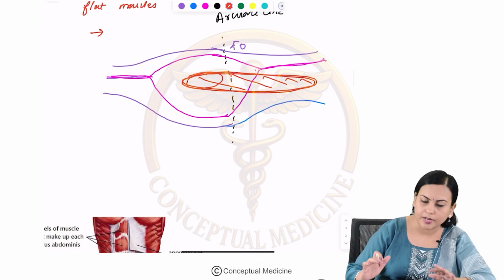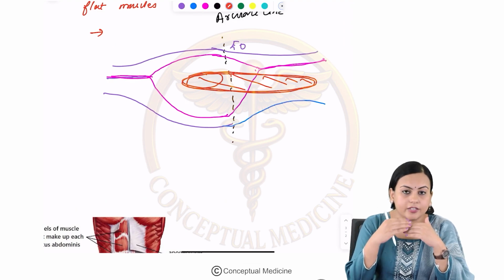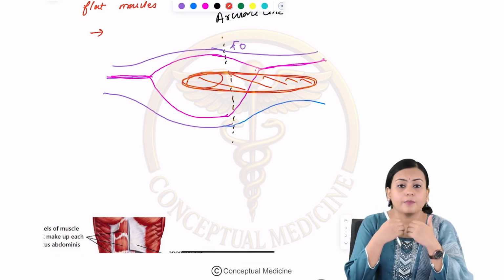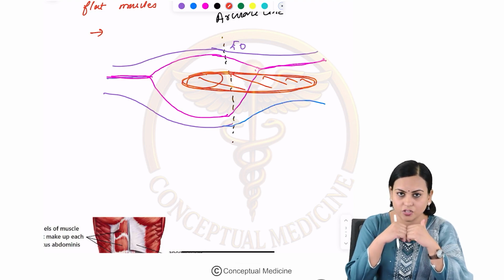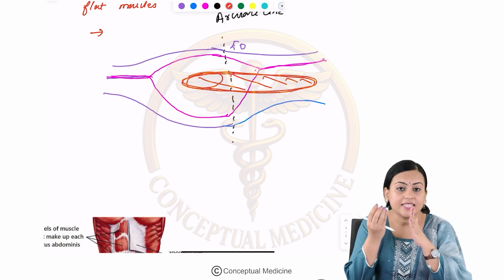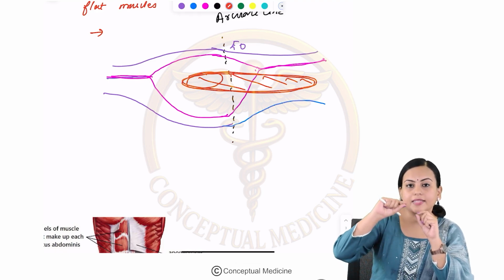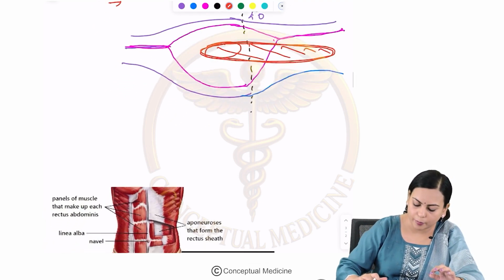So, what I am trying to explain is, above the arcuate line, the anterior layer of the rectus sheath is formed by the aponeurosis of the external oblique and the anterior leaf of the aponeurosis of the internal oblique. And below, above the arcuate line, you have the posterior leaf of the internal oblique under the transversalis fascia. But when you come below the arcuate line, the rectus muscle lies directly on the transversalis fascia, because the aponeurosis combines together and passes anteriorly above the rectus muscle. Understood? So, this one point is important.